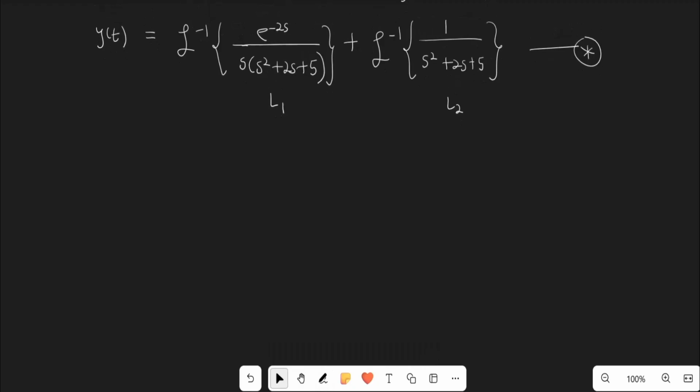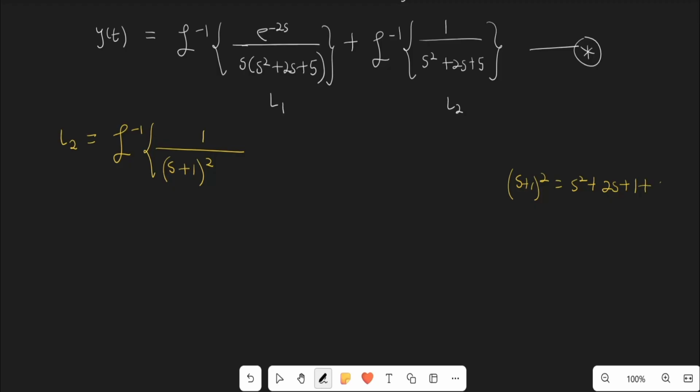So L2 is the Laplace inverse of the second one. This is 1 all over, and I'm going to complete the square of the denominator, which gives s plus 1 all squared. But s plus 1 all squared foils to s squared plus 2s plus 1, and we need plus 5, not plus 1.